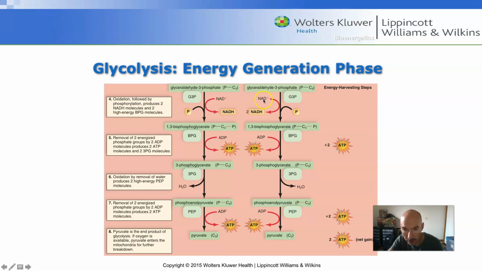So what this arrow is showing us is an electron and the hydrogen that it is attached to is being taken out of the glucose molecule, and it's going to hang out here as NADH, okay? Now, these are just going to exist on their own for now. We'll come back to them later, okay? Once that occurs, again, our molecule also gets another phosphate added to it, okay?